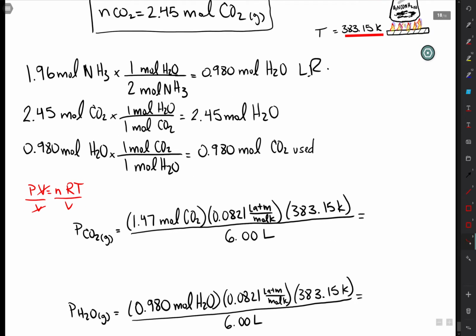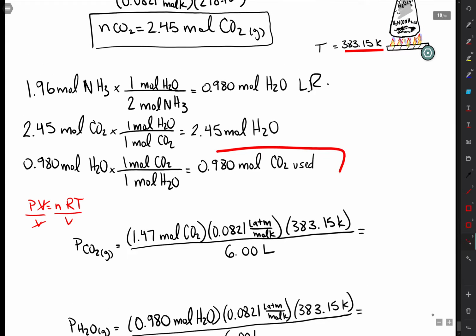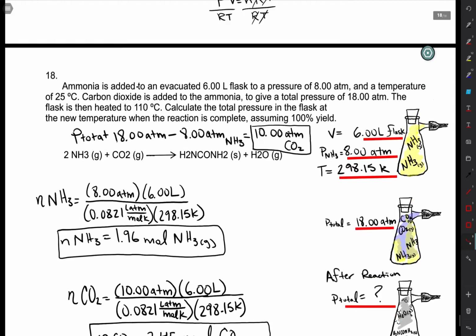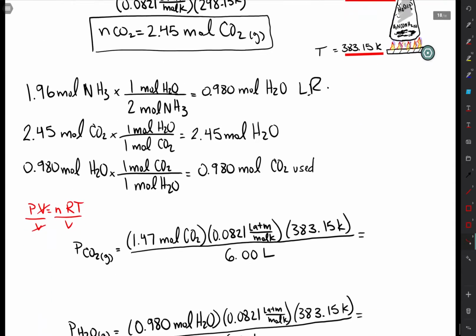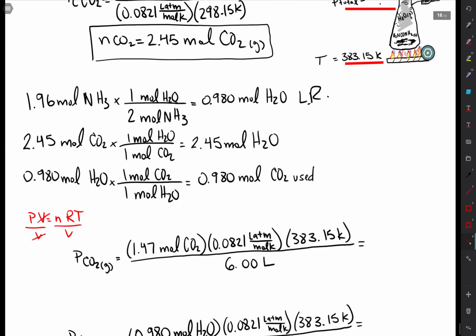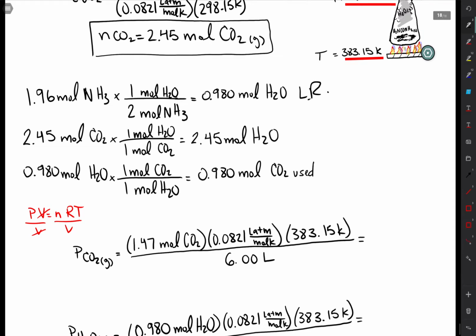With that, we can now input this amount of moles used, as long as we subtract the initial amount of moles that we had of carbon dioxide, which I don't have here. So that would be the initial moles, which would be here.